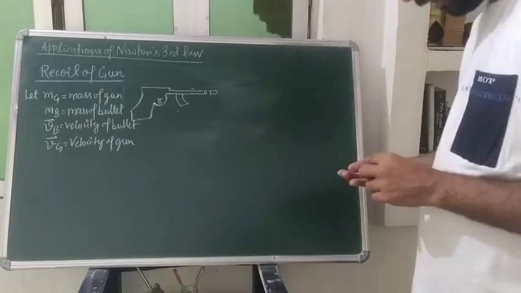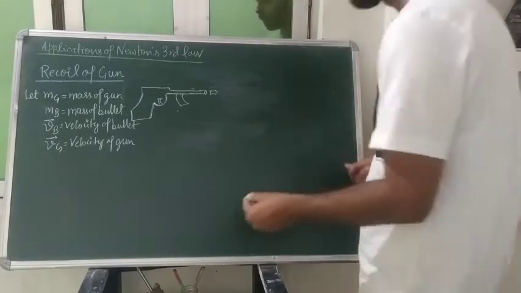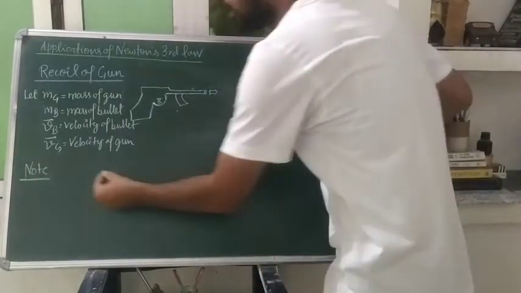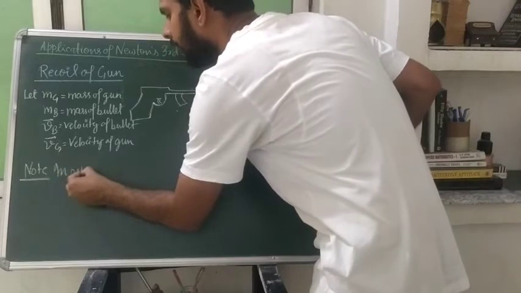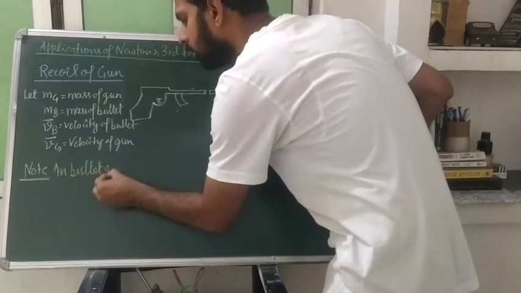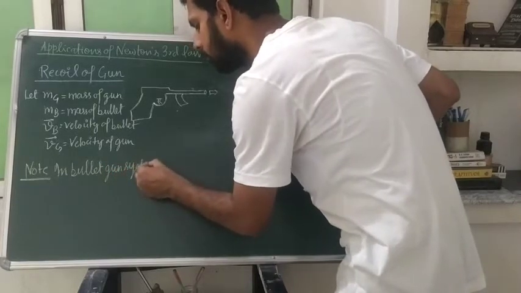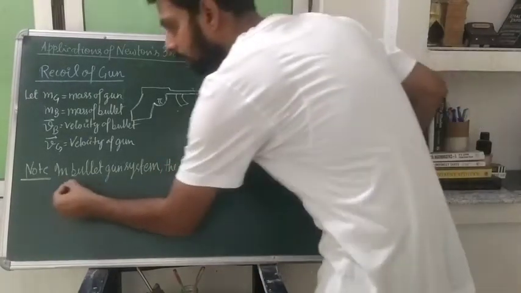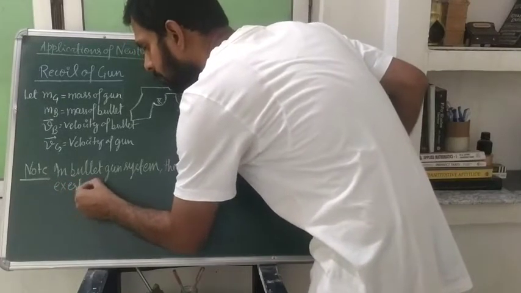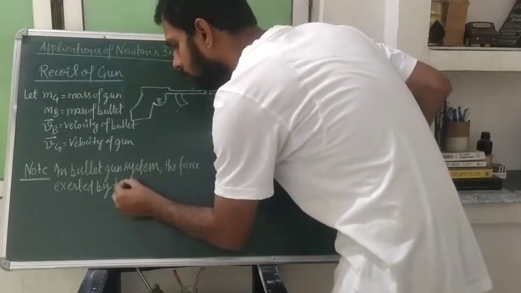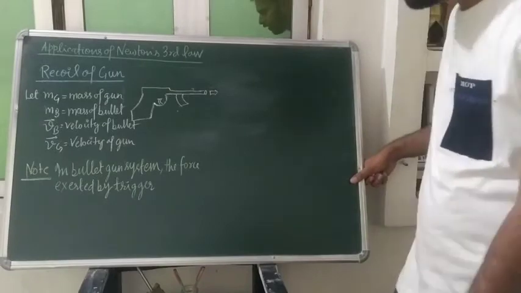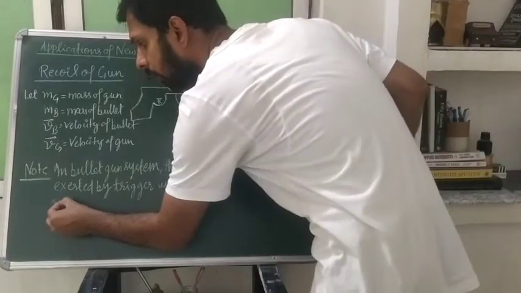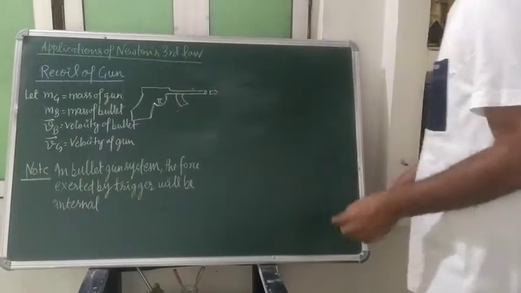Okay students, now you will note down one thing: in the bullet-gun system, the force exerted by the trigger will be an internal force. Don't confuse it with an external force.